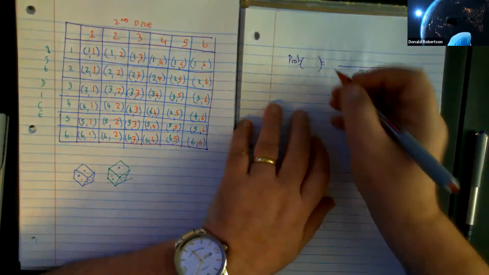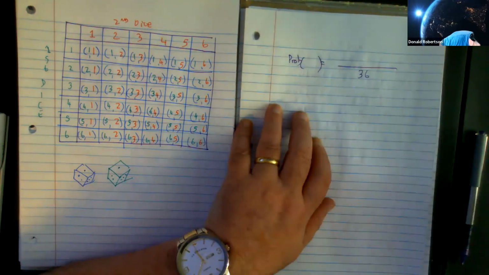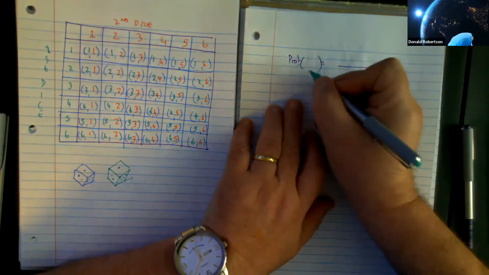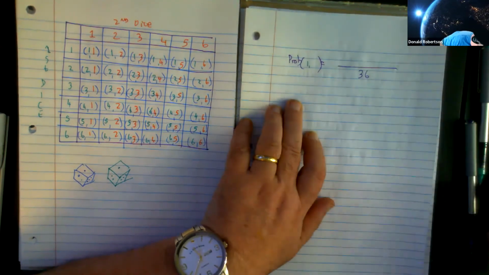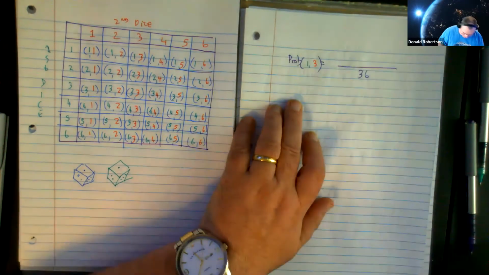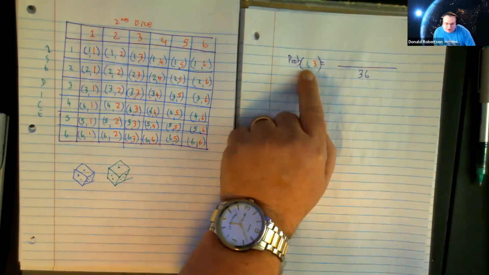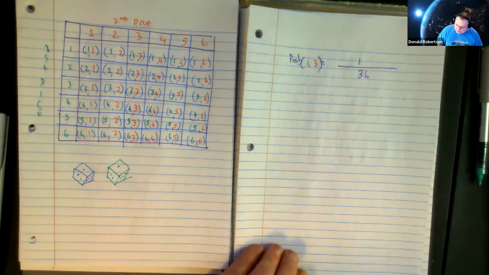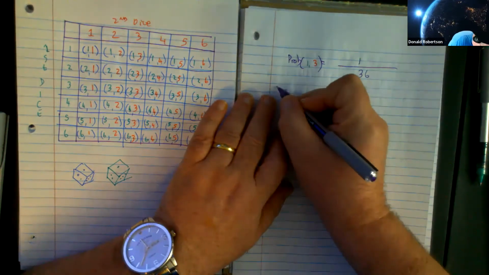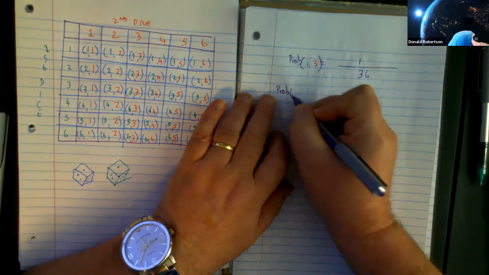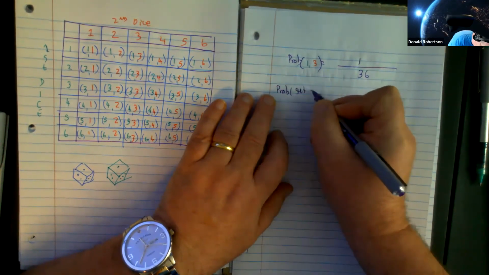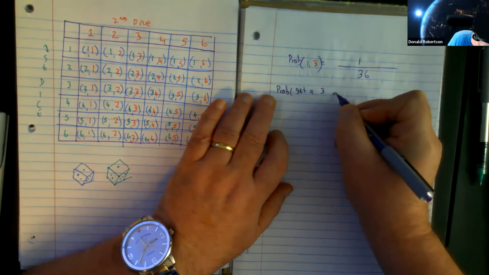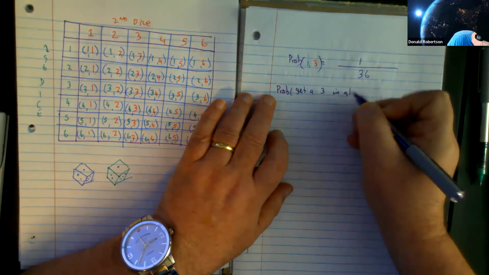What's the probability that you get a 1 and a 3? So the green dice was a 1 and the red dice was a 3. And if you look at that list, that only happens once. So there's your answer.